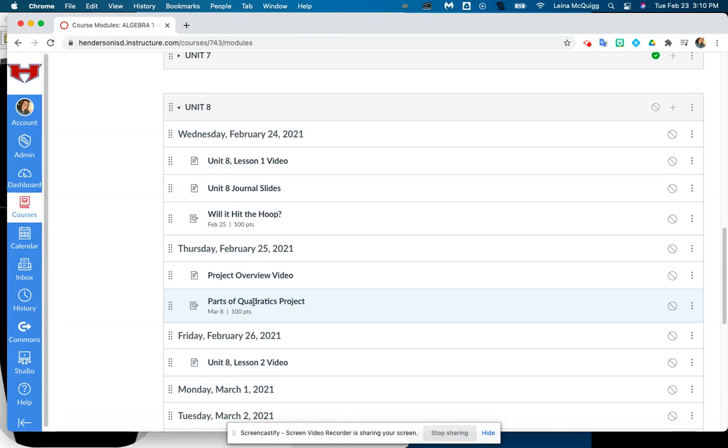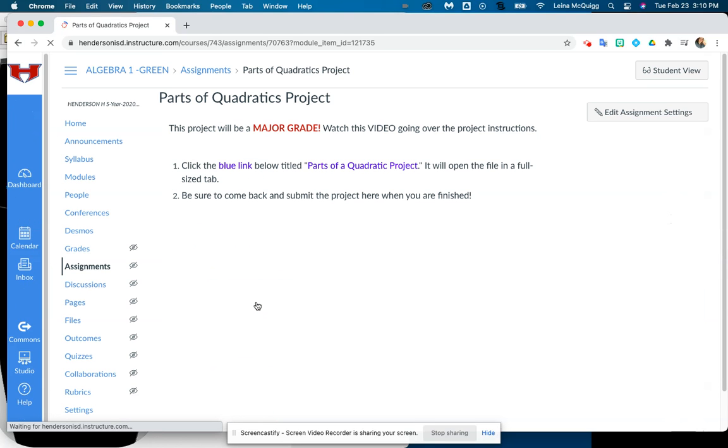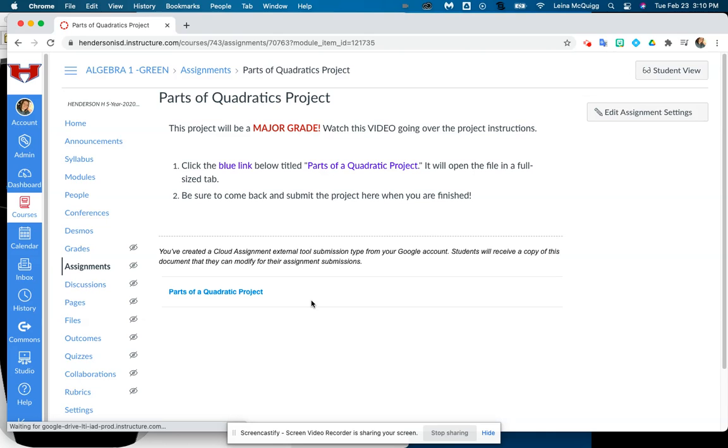All right, so back on the project. I kind of left you hanging on that slide number 3. So I'm going to see if I can get it back open again. I can show you how to finish it. Here we go.